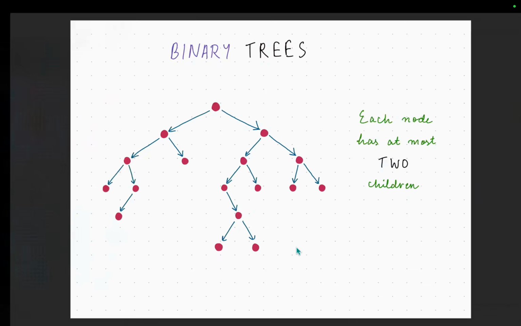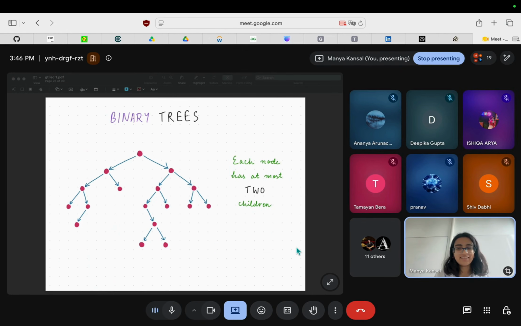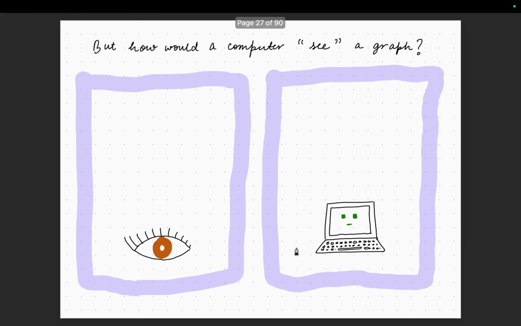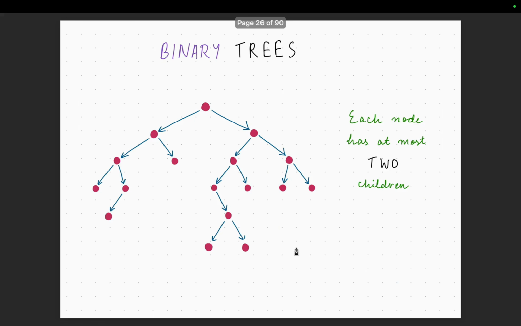Okay, so far we've been talking about trees in an abstract, mathematical way, where we're drawing dots and lines for vertices and edges. But a computer can't see dots and lines, right? That's what we see.